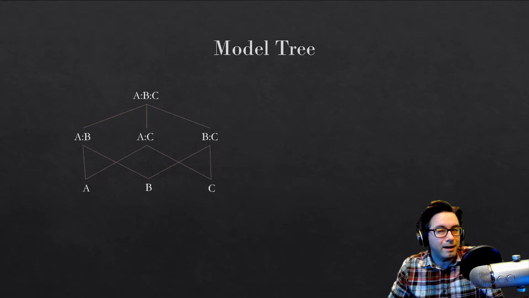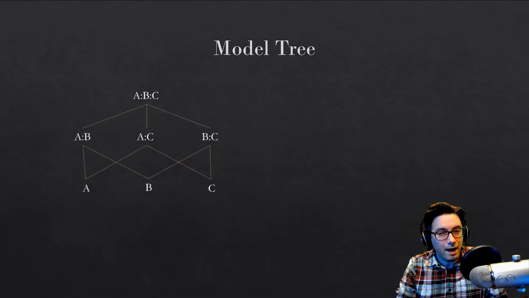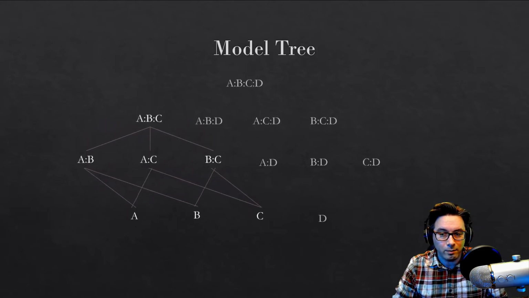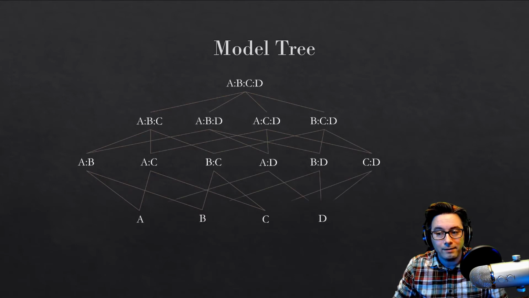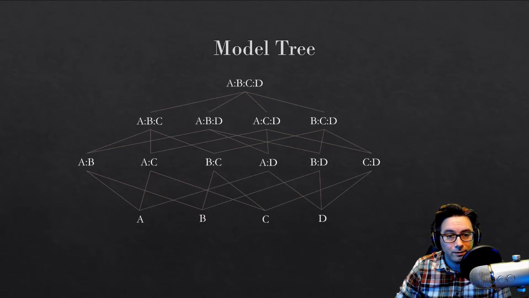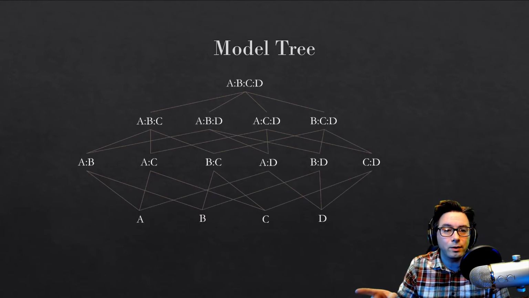To help you understand a little bit more, I'm going to use 4 variables at once. And so in order to do A, B, C, and D, we have to have all these different representations underneath it. And let's say that we work it down to, let's say, ACD. There it is.